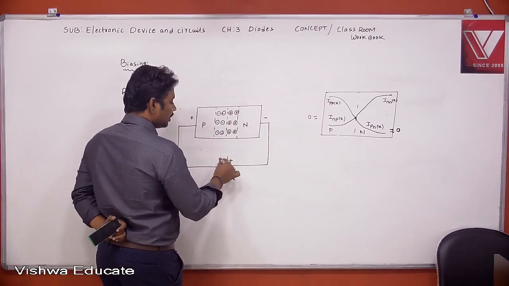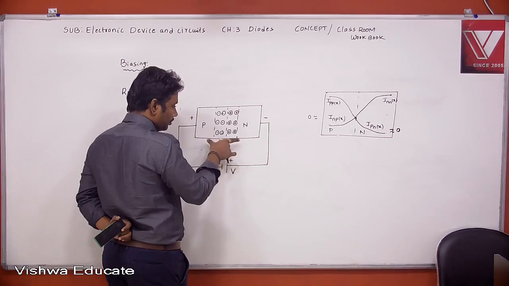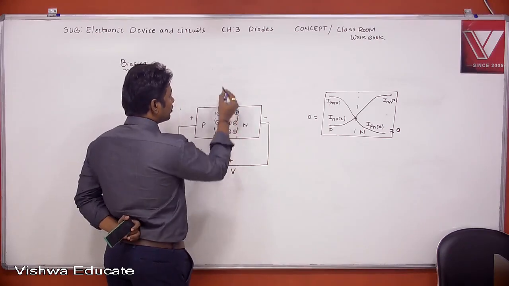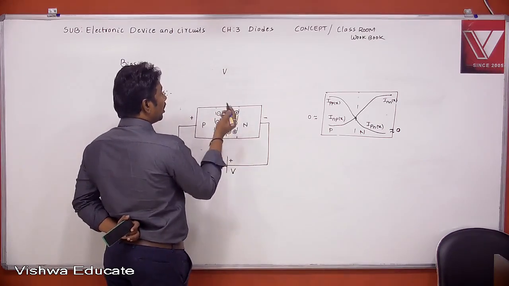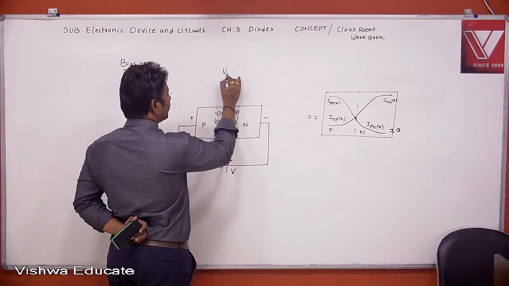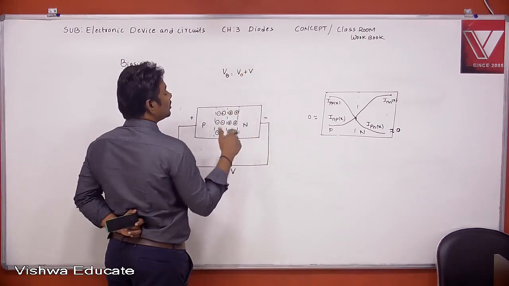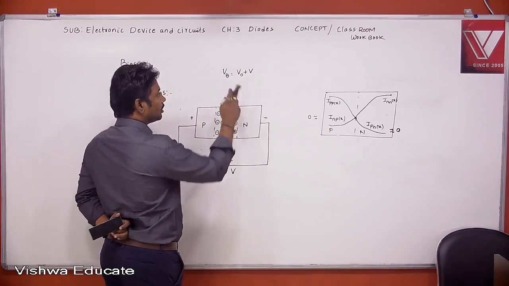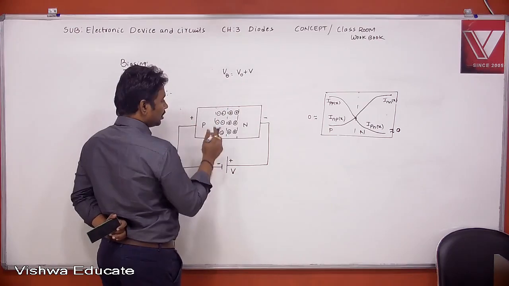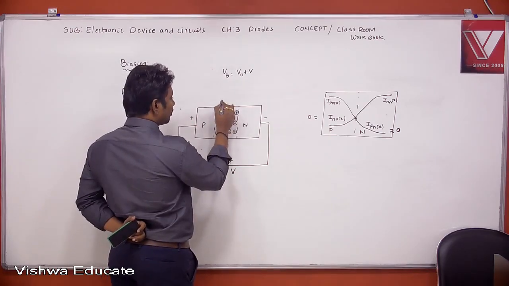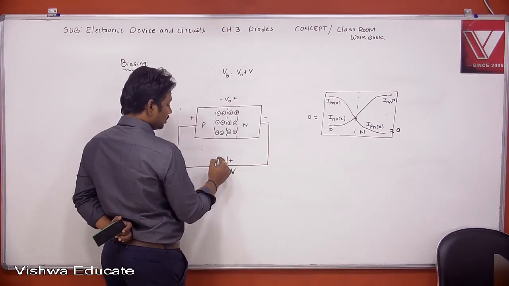When the reverse voltage is increased, what happened actually? The depletion region increases. If the depletion region increases, the barrier potential also increases. The net barrier potential is VB equal to V0 plus V. In case of forward bias it is V0 minus V, but in case of reverse bias it is V0 plus V. The direction of the built-in potential is negative and positive, and our applied voltage direction is also negative and positive.